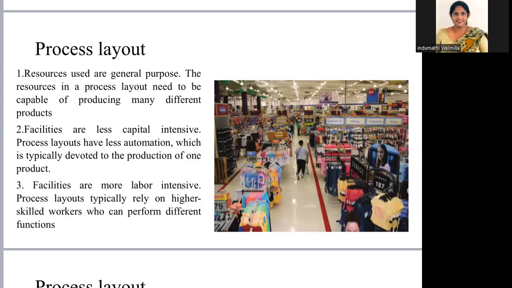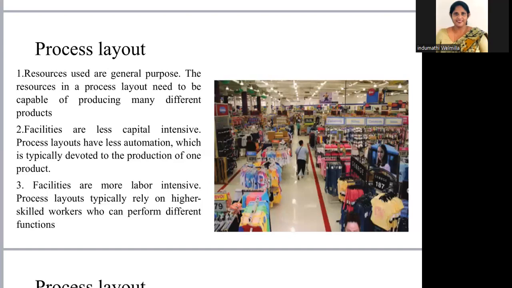Since many different items are produced, each with unique processing requirements, it is not possible to dedicate an entire factory to each item. So it is more efficient to group processes based on their function. Products are moved from one resource to another based on their unique need.